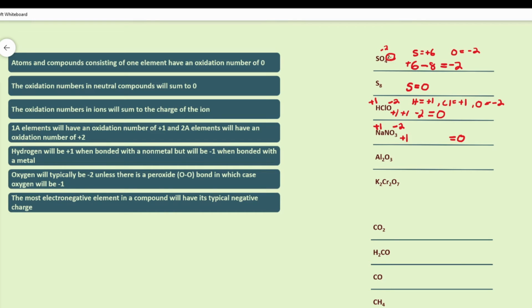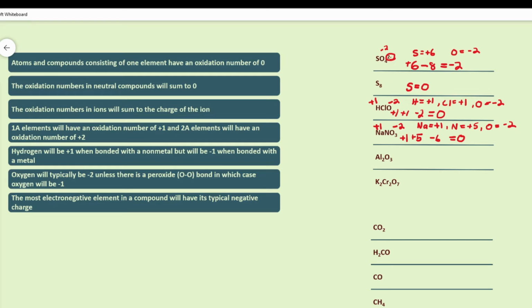So we've got +1, then we've got the -2, but there are 3 of these oxygens, so it's going to be -6. That means our nitrogen has got to be +5 if it's going to sum to 0. So sodium equals +1, nitrogen equals +5, and oxygen equals -2.